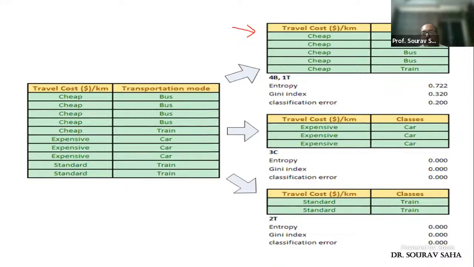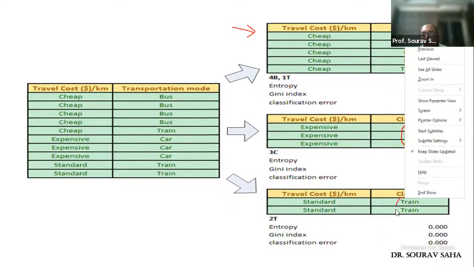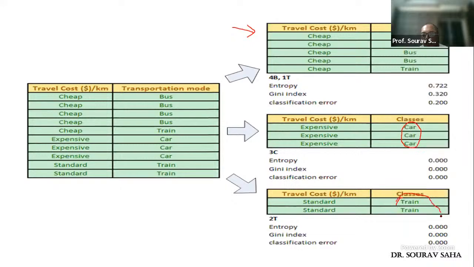has happened is that for the travel cost expensive, I have attained homogeneity. For the travel cost standard also, I have attained homogeneity. Right? How do I know I have attained homogeneity? Because again, there are no other classes.